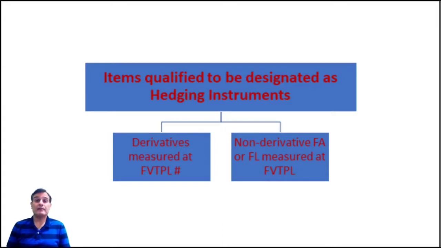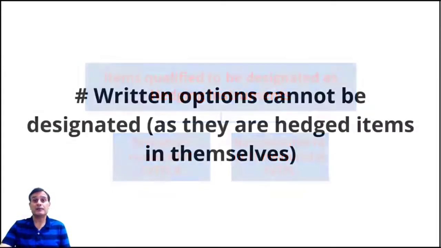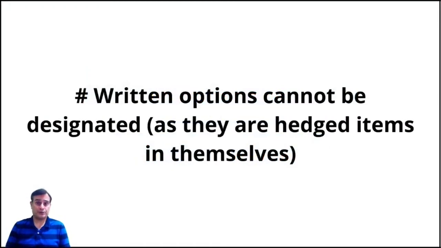Number one, all the derivatives which are measured at fair value through P&L. But when I say all derivatives, it does not mean all derivatives, there is an exception. We could also use non-derivative financial assets or financial liabilities which are measured at FVTPL. But there is one particular exception which cannot be considered a hedging instrument, and that is written options.